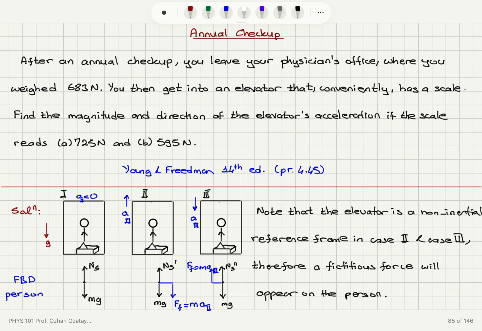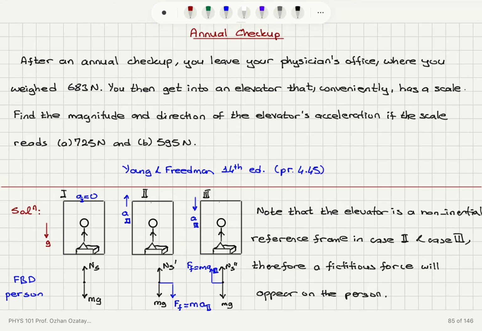In the second case, the elevator is accelerating upward, fictitious force points downward, so that the reading on the scale is more than the true weight. In the third case, the acceleration is downward, fictitious force is upward, so that the reading in the third case will be less than the true weight.